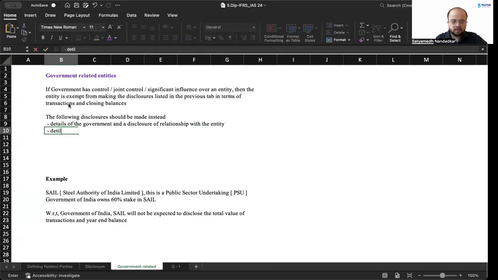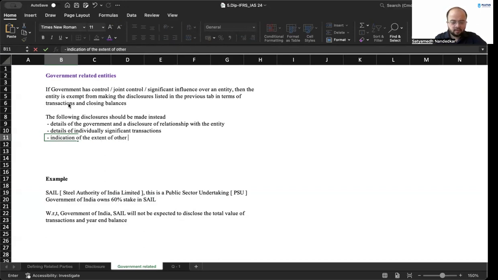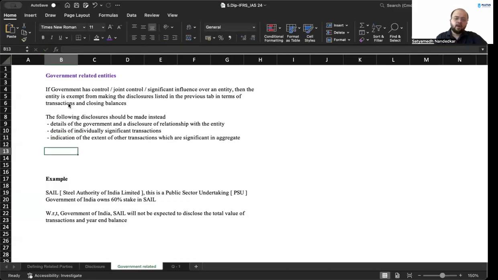Then details of individually significant transactions and an indication of the extent of other transactions that are significant in aggregate.